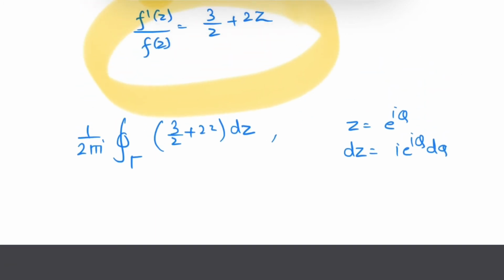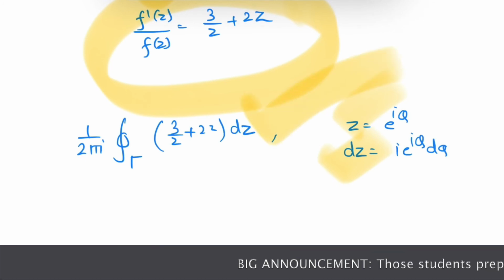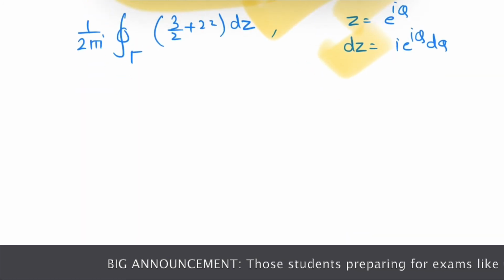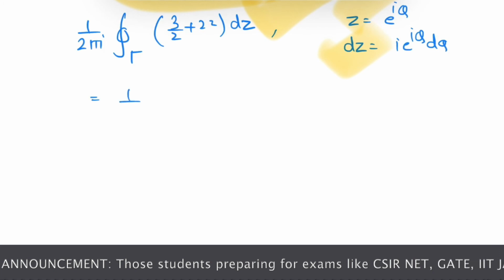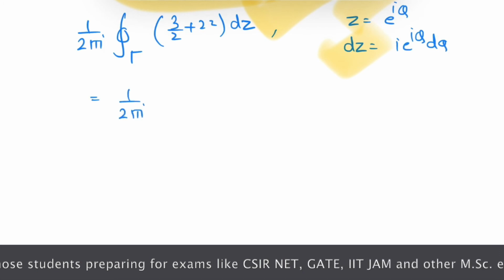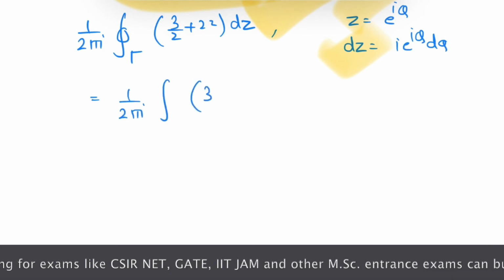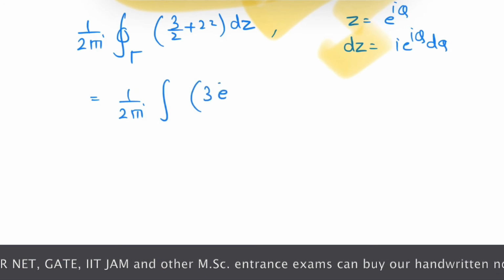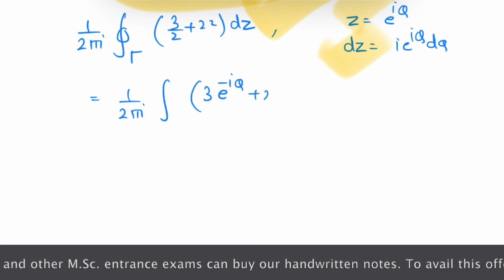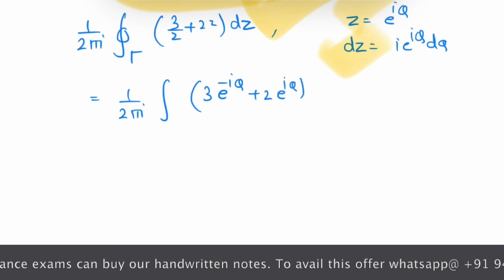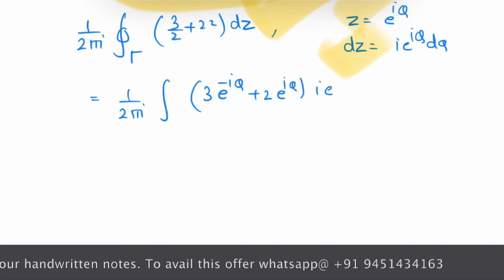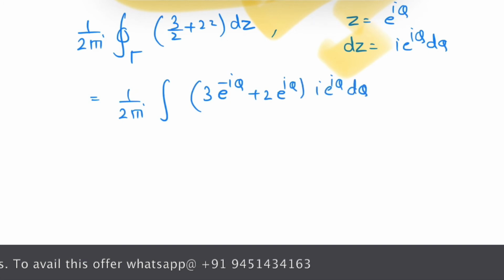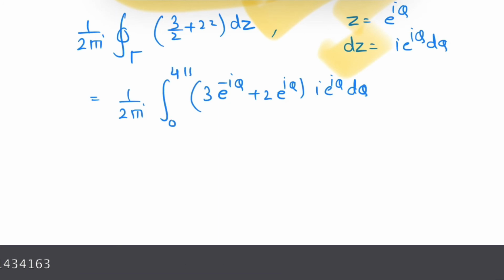Now let's substitute z and dz into this equation. After substituting we'll get 1 over 2 pi iota integration of 3 over z, which will be e raised to minus iota theta, plus 2 e raised to iota theta, and dz will be iota e raised to iota theta d theta. And theta is varying from 0 to 4 pi.